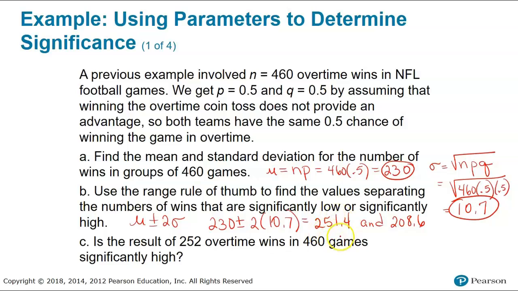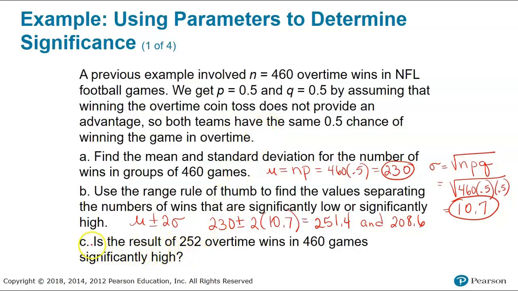Anything above 251.4 would be considered a significantly high number of wins, which might have us thinking there is something to this coin toss predicting the winner. Anything less than 208.6 would also cause us to rethink our original assumption that they were equally likely to win regardless of who won the coin toss.